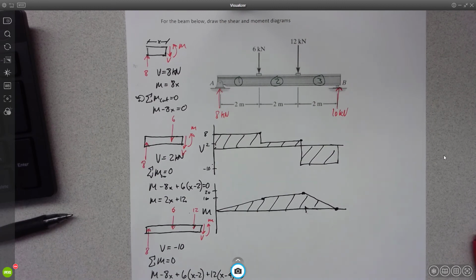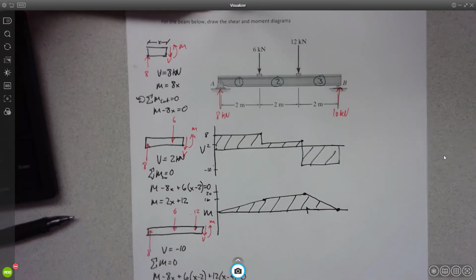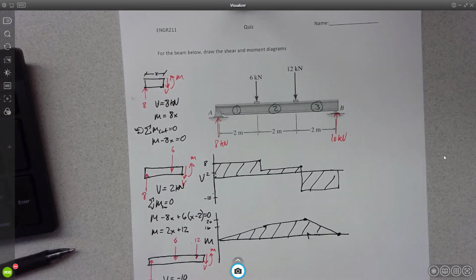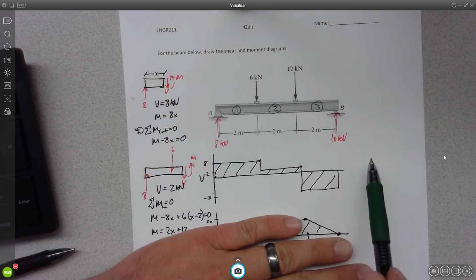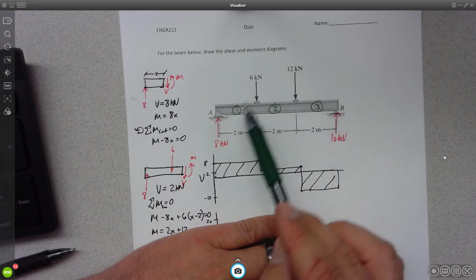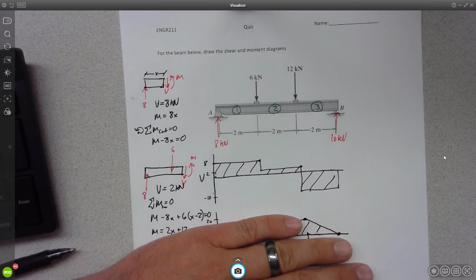So let's go ahead and talk through this a little bit. If you compare the forces that are acting on this and the shear diagram, do you see any similarities? Where the forces are applied, there are changes, absolutely.